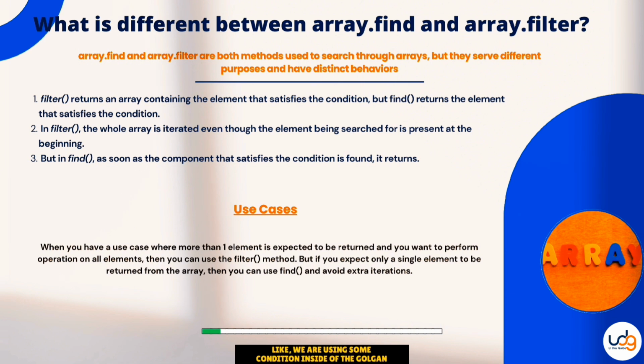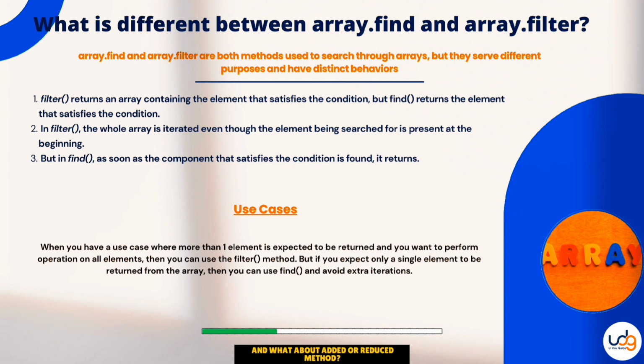We use some condition inside the callback function of find, and the first element where the condition is met, the find method returns that entity. But filter returns a whole new array: all the elements which meet the condition are separated into a new array. So find returns only a single element at a time, correct? Yes.